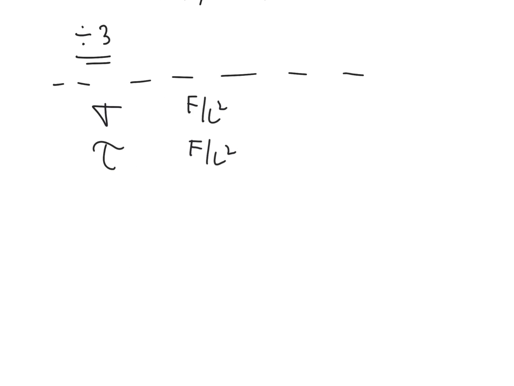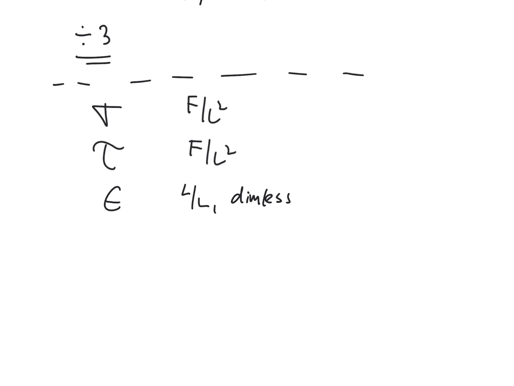What is the symbol that we use for the normal strain? Epsilon. The dimensions of normal strain are, you can either say length per length, or you could say dimensionless. I'm just going to write it as dimless. What is the symbol for the shear strain?